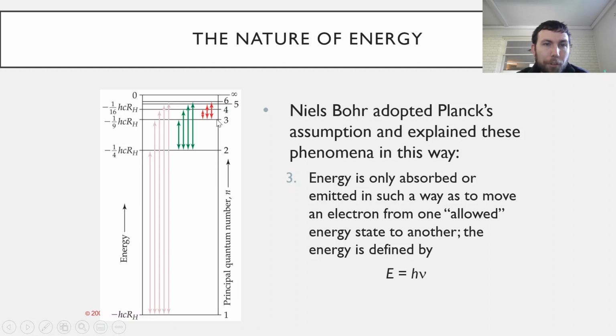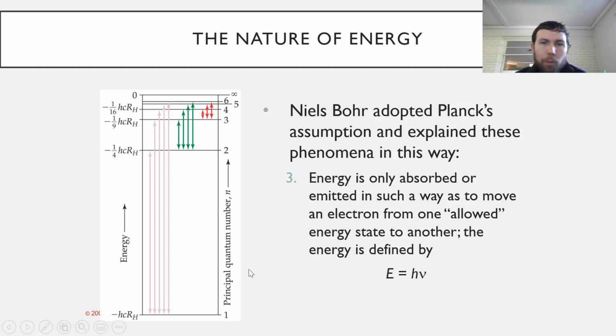It could go from 2 to 3, or maybe it could go from 2 to 4, or it could go from 4 to 3, or 6 to 4, or 6 to 3, 6 to 2. But it's not going to move anywhere in between. There's not going to be an electron that's in energy 1, and then it goes somewhere in between 1 and 2 and just hangs out.